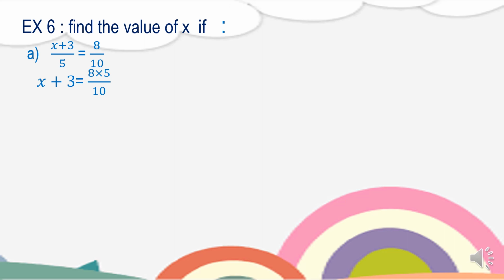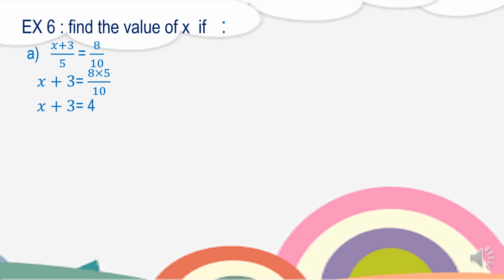What do I do? I have all the means, so I multiply them, 5 times 8 over the only extreme I have, 10. That equals 4.